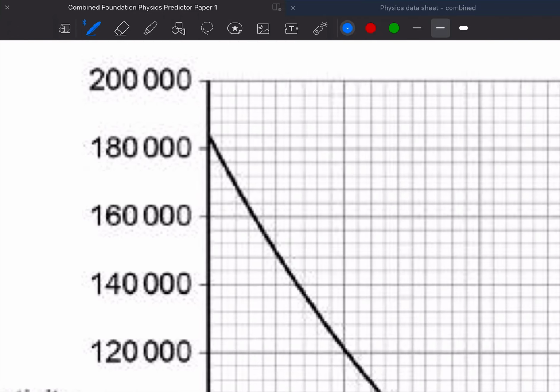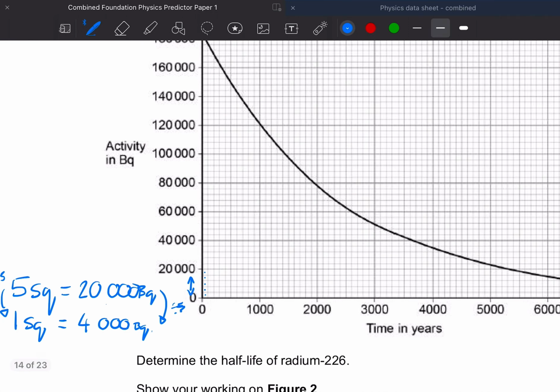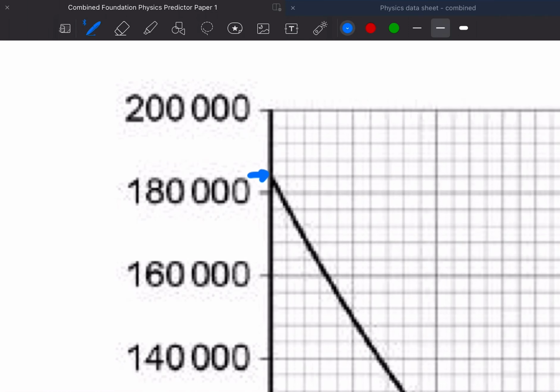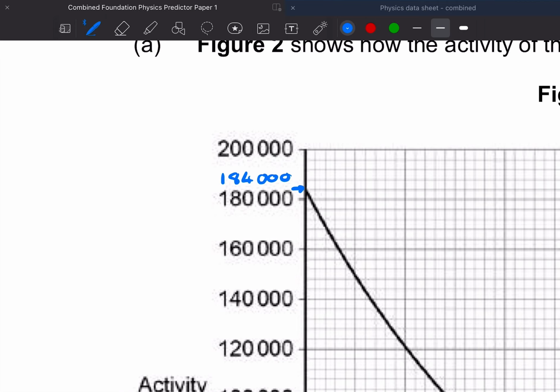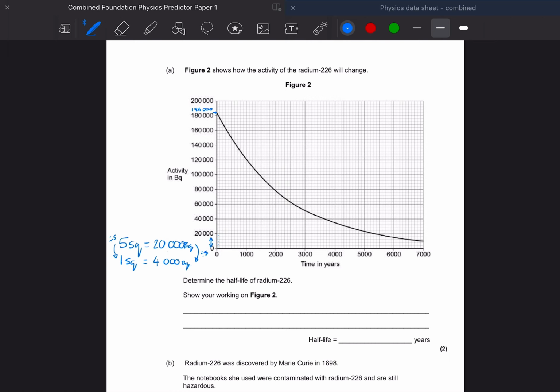You can see here, if I zoom in, that this first reading is 1 square above the 180,000. And if each square is worth 4,000, this number here is 184,000. So our starting value is 184,000.